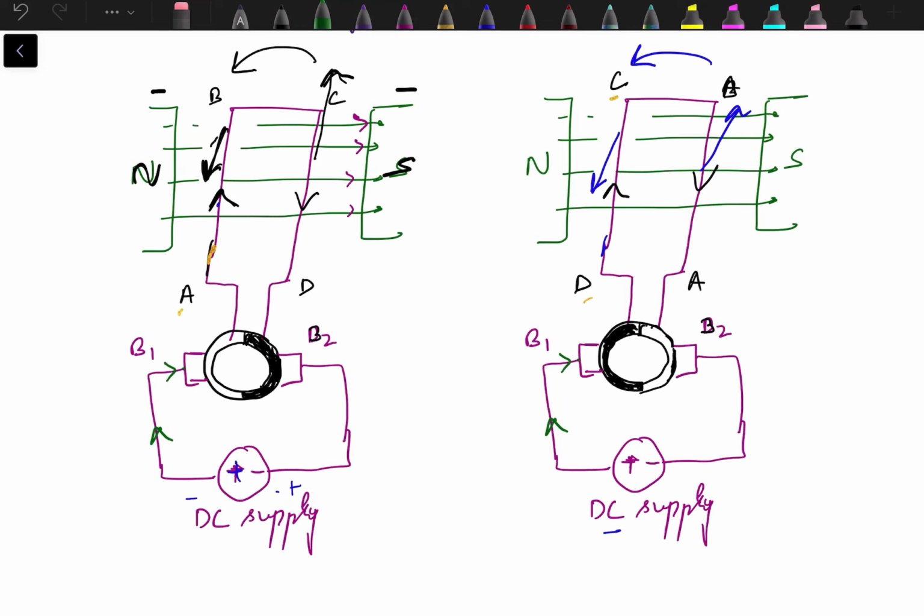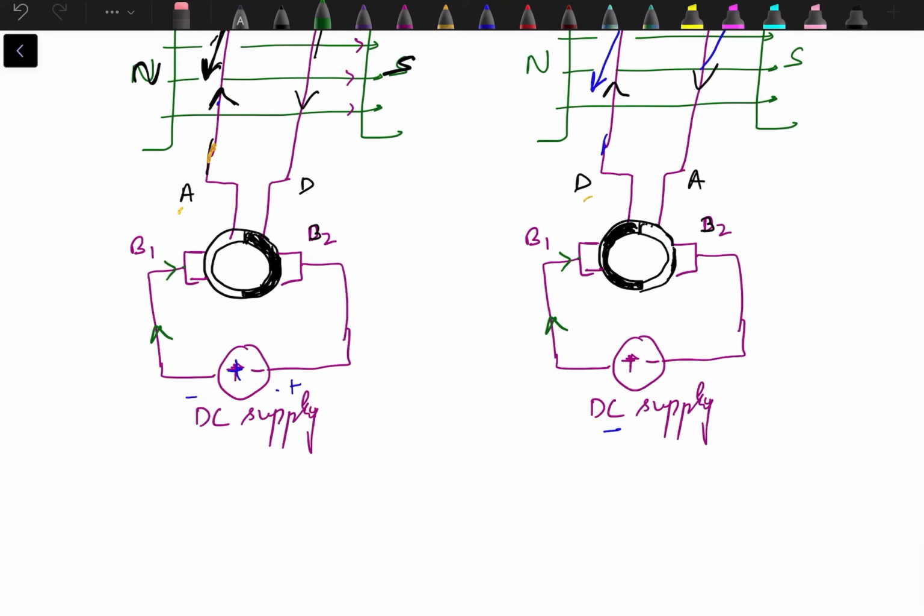So when a conductor rotates through a stationary magnetic field, there is an induced EMF in that conductor. So induced EMF is also there in case of the motor, and that induced EMF in case of motor is known as back EMF, which we will denote by EB. I will explain in the next video why it is known as back EMF.